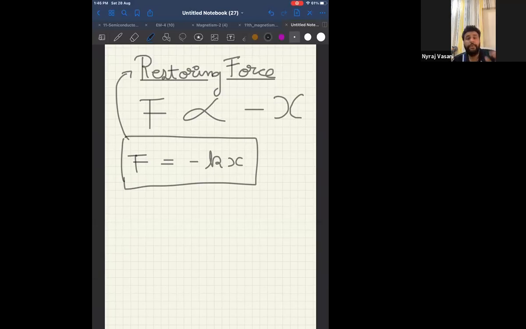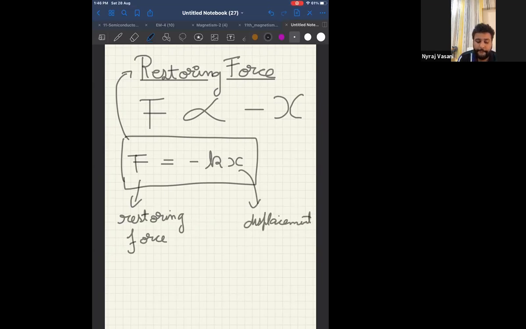Therefore, F is equal to minus Kx, where, now listen to this carefully, F is called the restoring force, X is the displacement, and K is our spring constant, or a force constant.